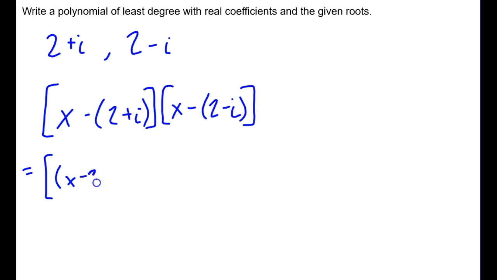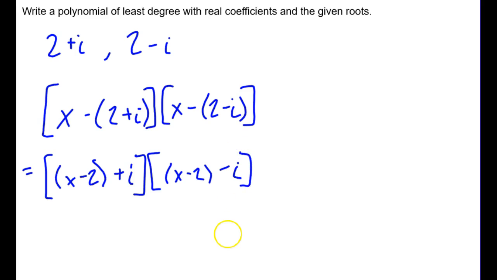Rearranging this a little bit, this is the same as x minus 2 plus i, and x minus 2 minus i. The reason I'm going to do that is now we can FOIL. We're going to treat x minus 2 as one term.